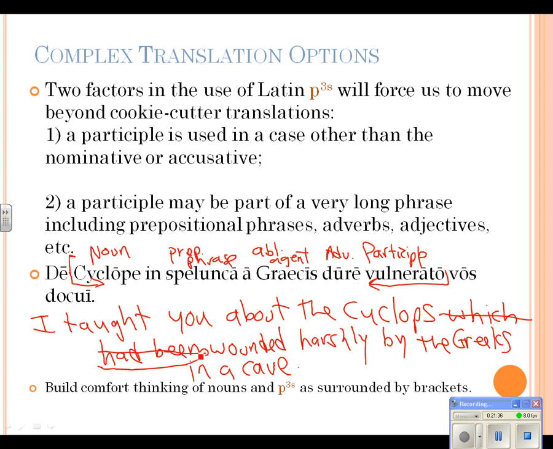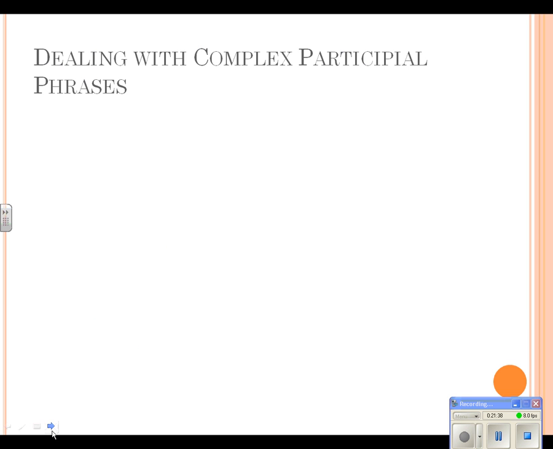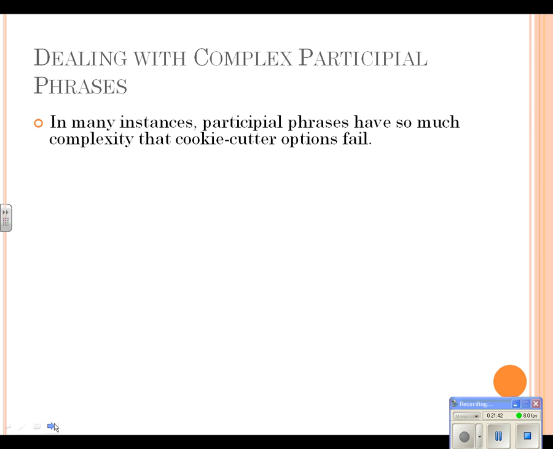All right, questions? So there will be times, including when we do translations in lessons 43 and 44, when cookie cutter translation options fail. They go like Mario driving his cart off a cliff, except there are no new lives.